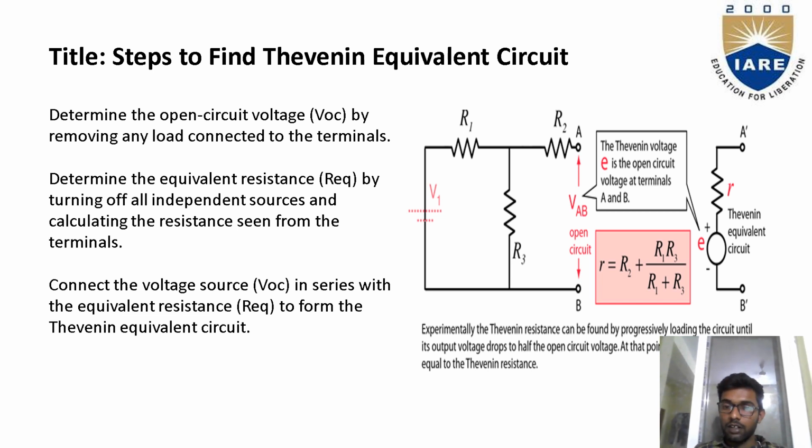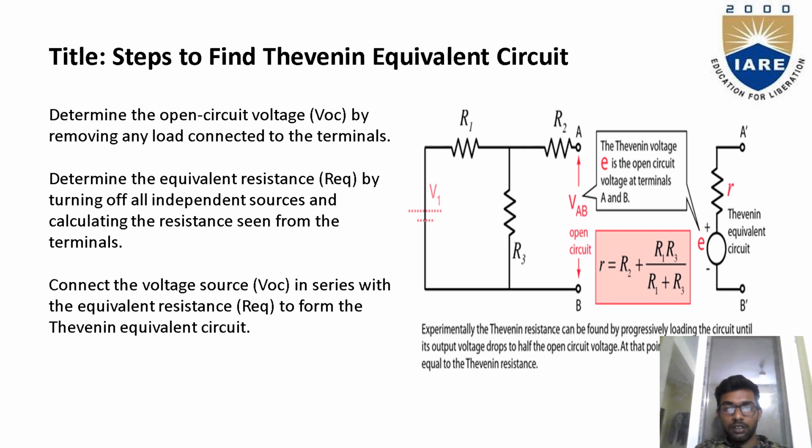Here, first of all we open circuit wherever voltage is there, and count the resistors in the complex circuit and make it a simple resistor connected in series only. This is the formula to find the resistance of the total complex circuit: R equals R2 plus R1 R3 by R1 plus R3.